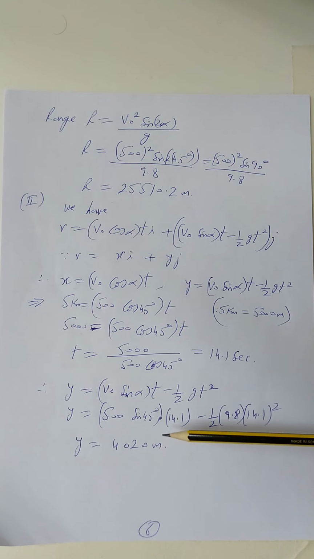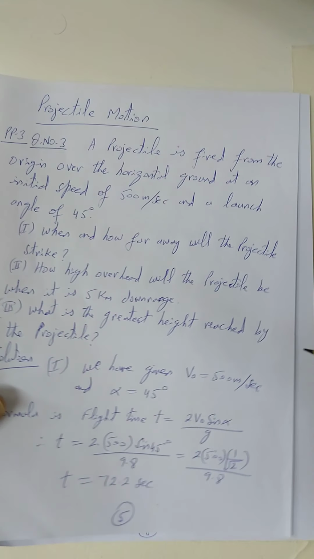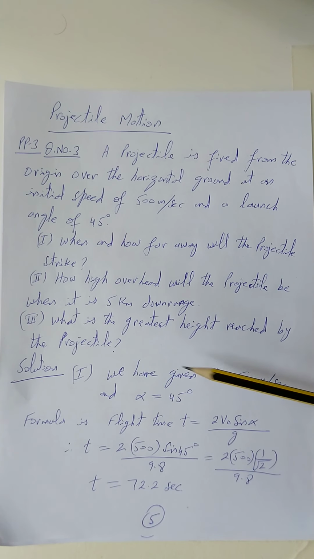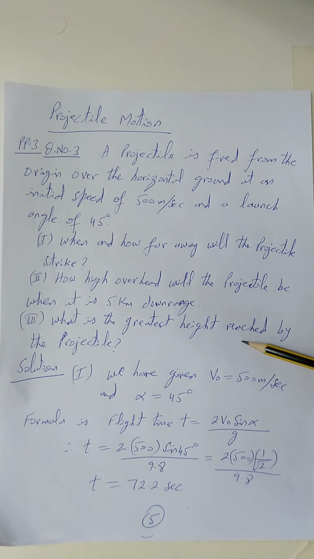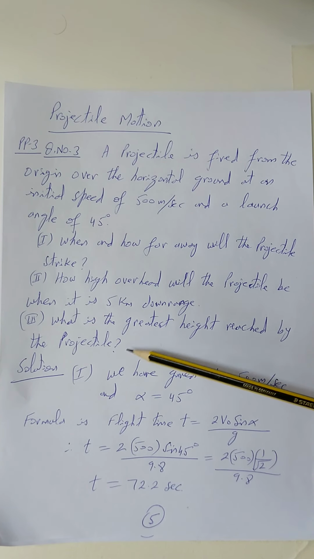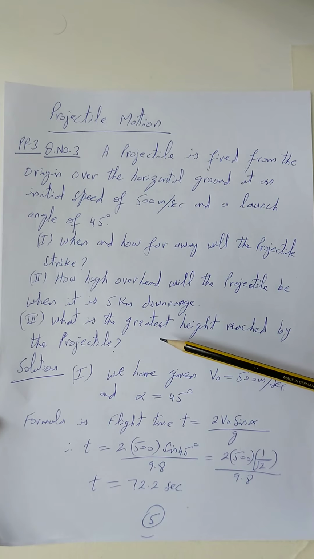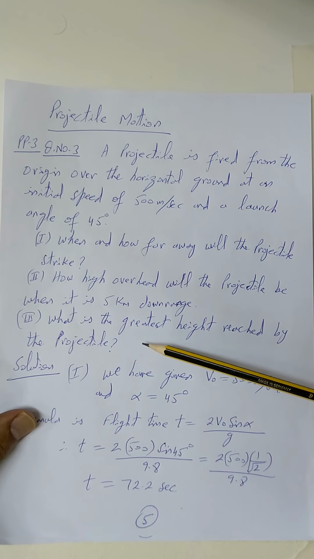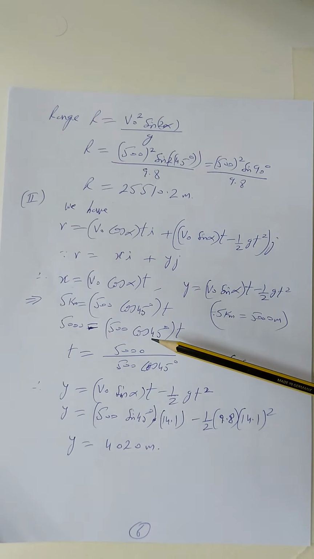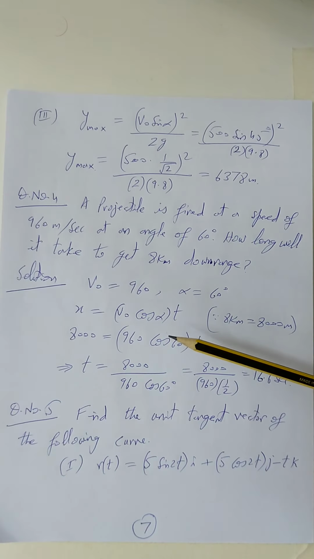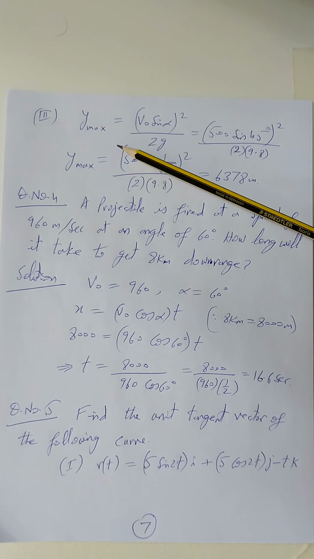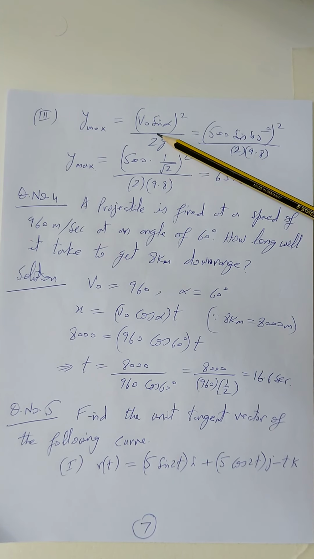Now the third part is: what is the greatest height reached by the projectile? It means we have to find the maximum height. For this we will use another formula: y maximum equals (v₀ sin α) squared over 2g.